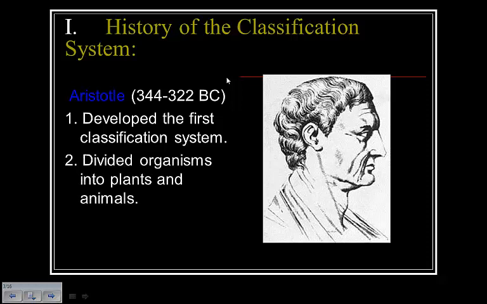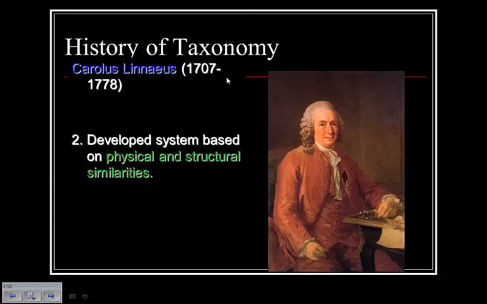All right, so his classification system divided organisms into whether they were plants or animals. Well, that's great, except not everything is a plant or an animal. And so we needed something a little more in-depth. So we moved from Aristotle way back when to the 1700s. Here we have Carolus Linnaeus.